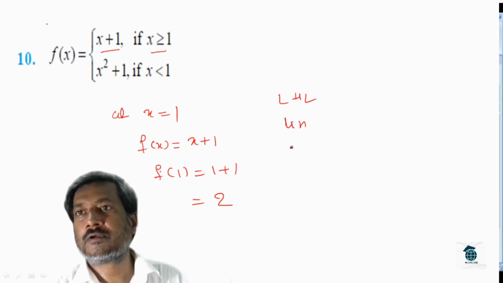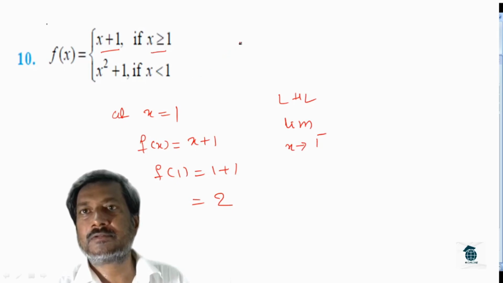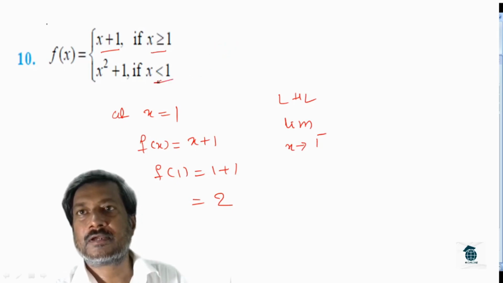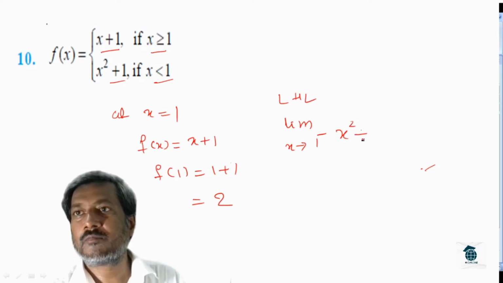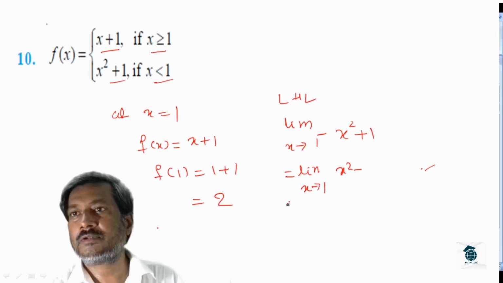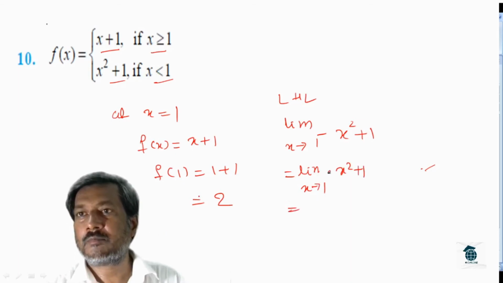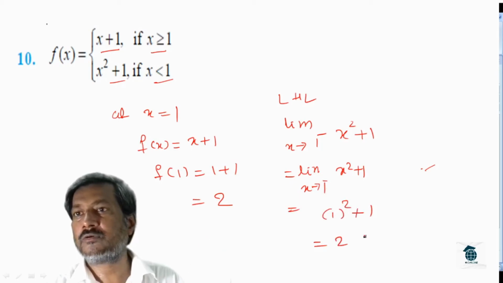Now LHL, limit x tends to 1 minus. Less than 1 means the function is x square plus 1. So this equals limit x tends to 1 of x square plus 1. Substitute 1, so 1 square plus 1, this also equals 2.